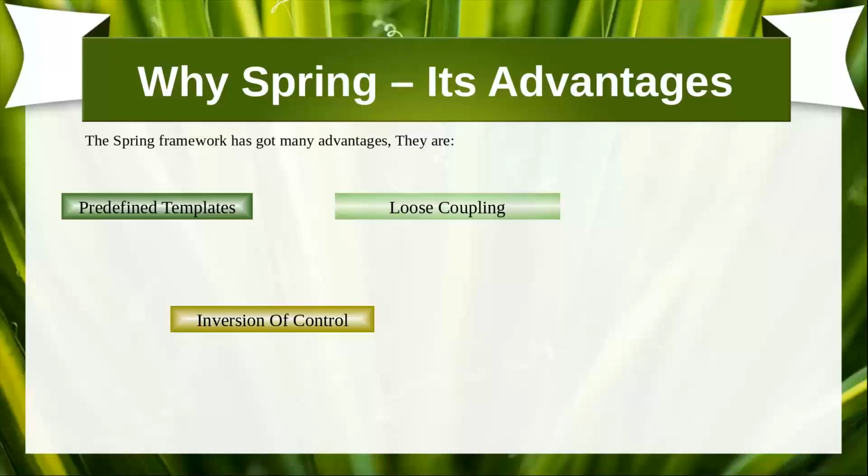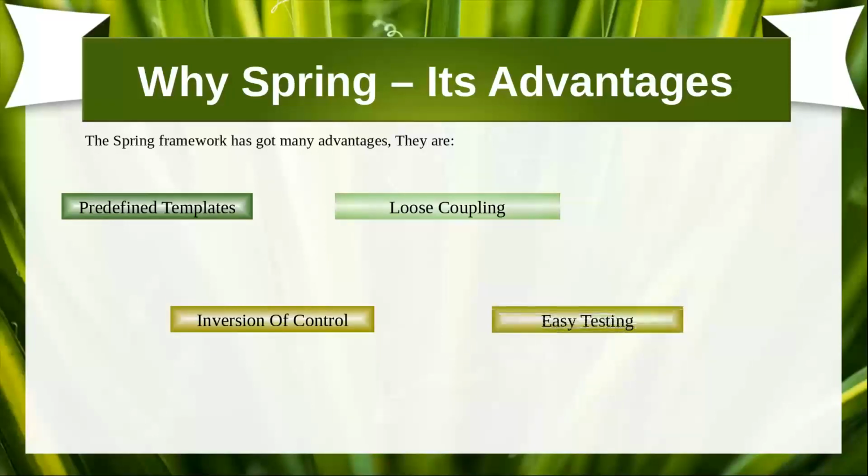Now if there is any change made on the dependent class, then that has to be reflected on the class on which it is dependent. This is made possible using the Spring framework, and since this is done at runtime, the Spring framework provides loose coupling.